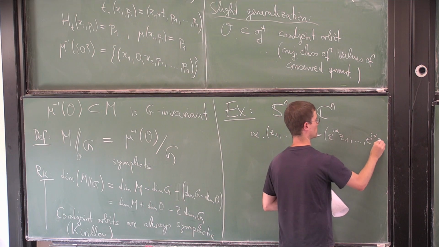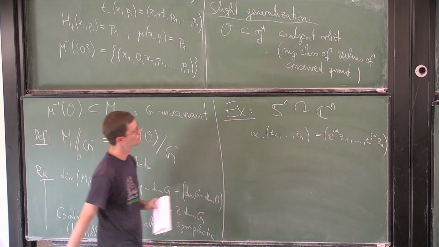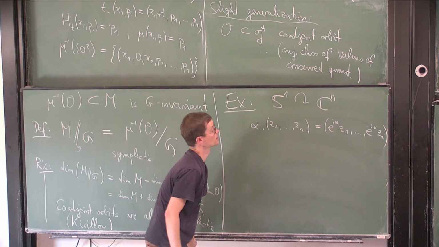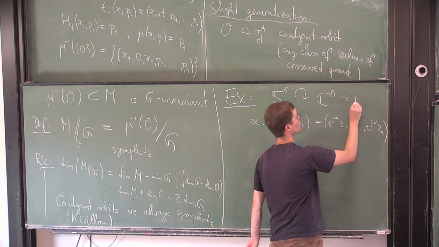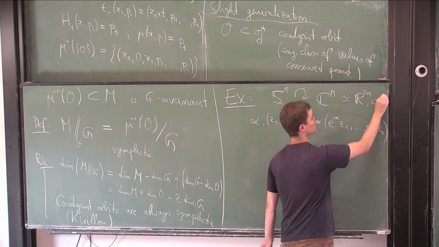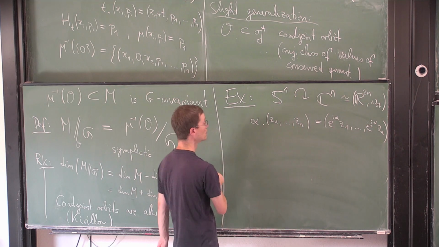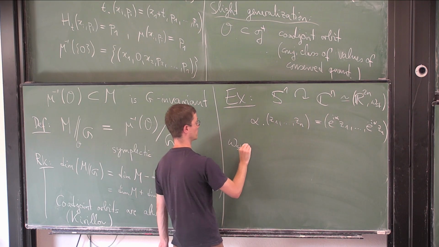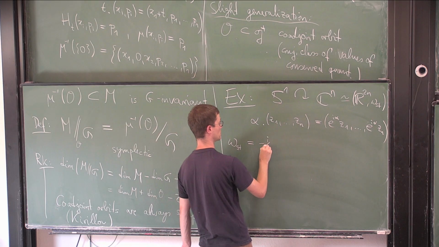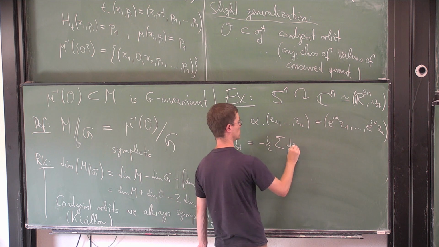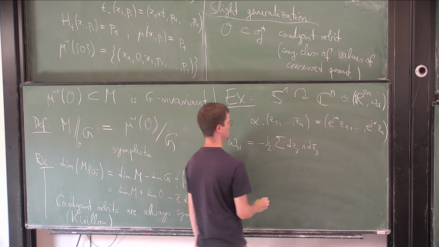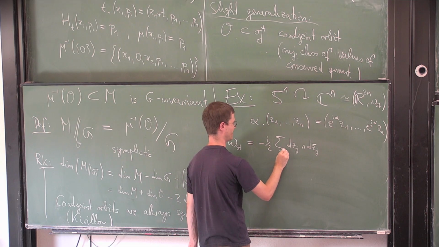Change all complex coordinates by a phase. And I should tell you what this symplectic form is. Cn is R2n, so I can take the standard symplectic form. And actually, as a little exercise, you can write it in complex coordinates like this: i over 2 sum dzj wedge dzj bar. I use j and not i as an index.